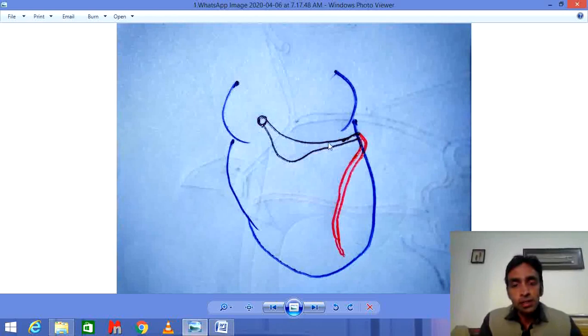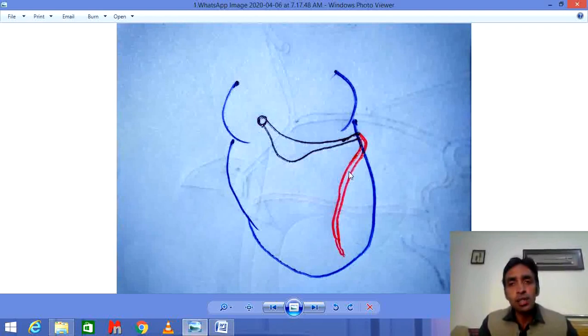Now you can see that from the coronary sinus a blood vessel arises which goes from the posterior side to the anterior side. You can see over here in the red color. The red color represents the anterior side of the heart.